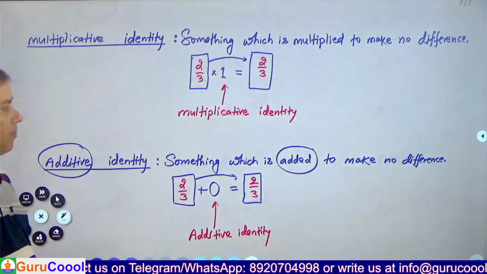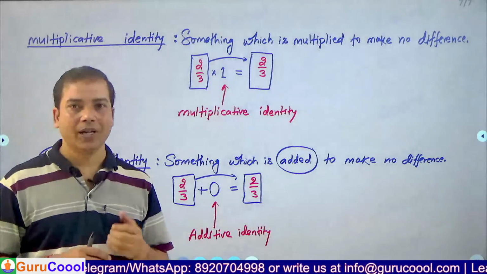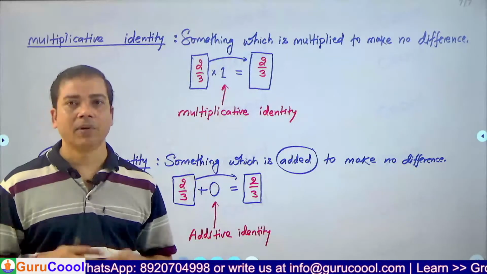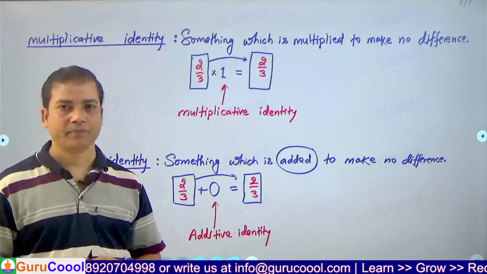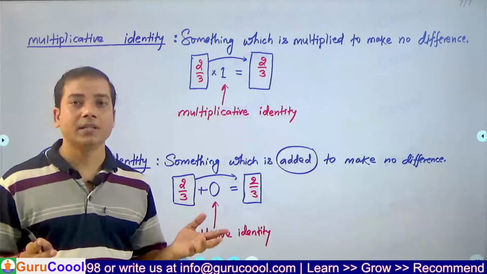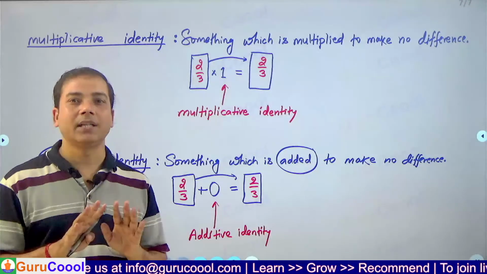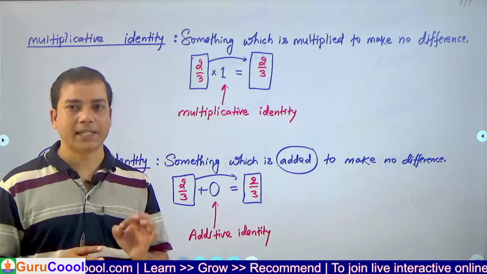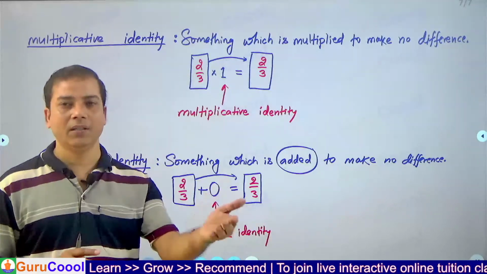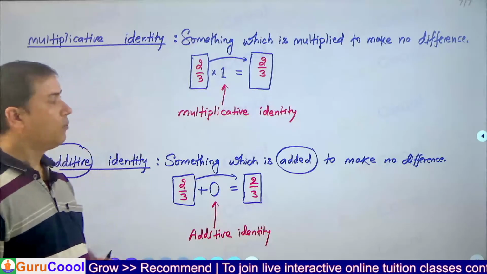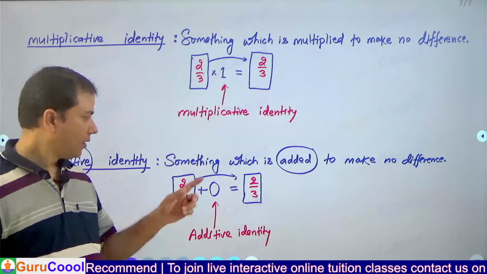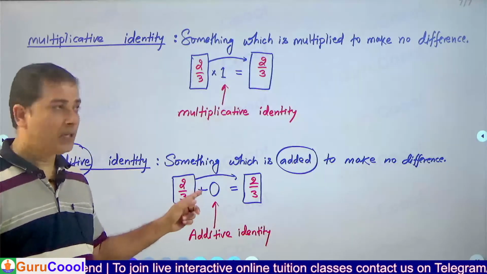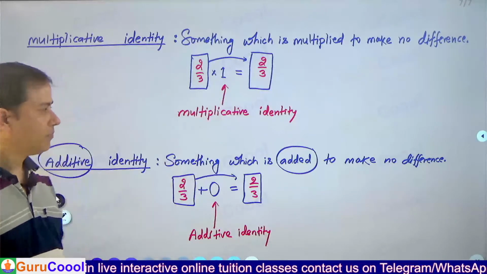That means you need to remember 0 is additive identity, 1 is multiplicative identity. Okay, sir. Identity means it doesn't change anyone's value. It doesn't change the value of any other rational number when operated. Here the operation is plus, here the operation is multiplication.